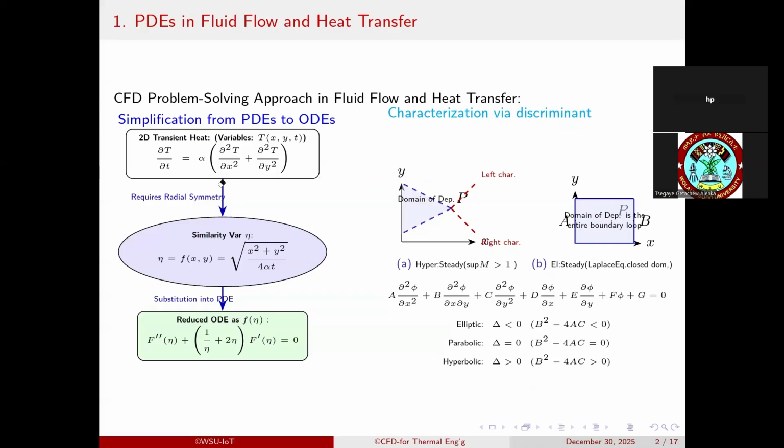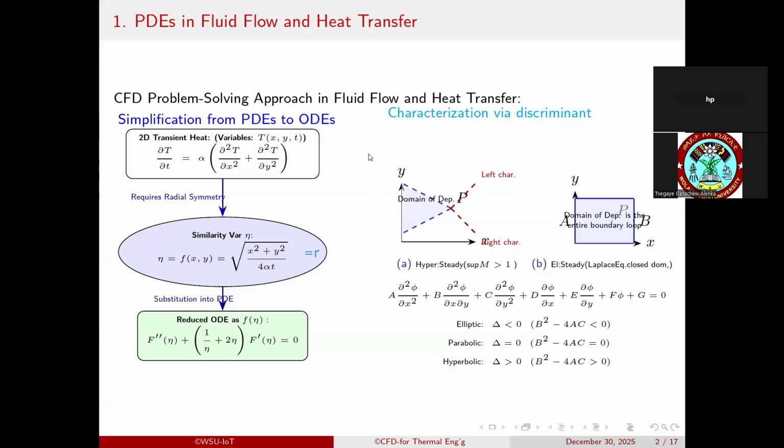The spatial similarity variable introduced here is for radial symmetry in cylindrical or spherical coordinates, typically cylindrical. Note the dimensional transformation here, which enables a first order derivative in the transient term and a second order derivative in the spatial temperature gradient on the right hand side.